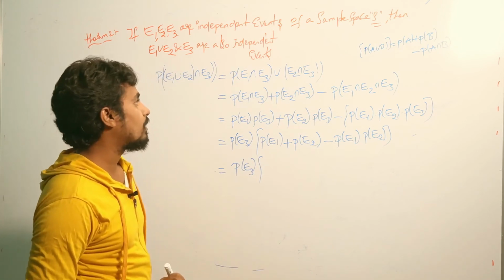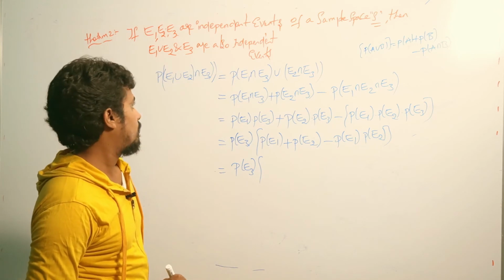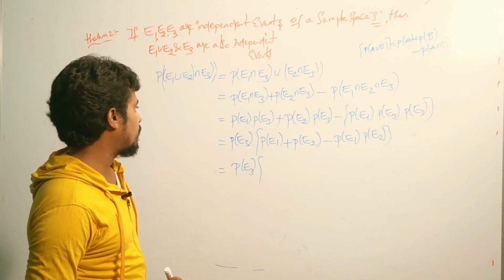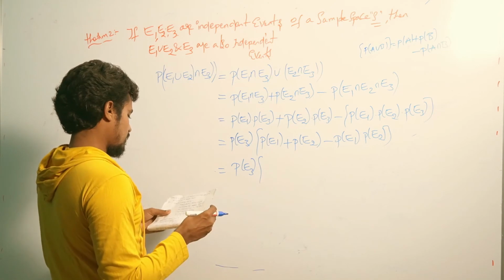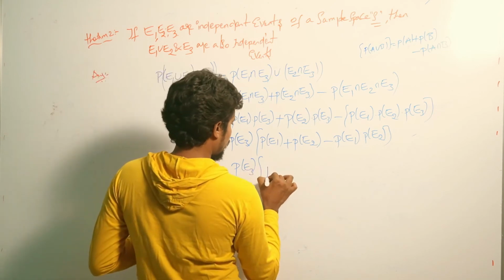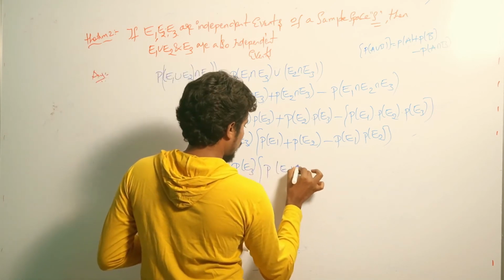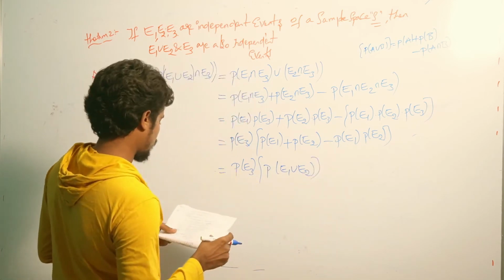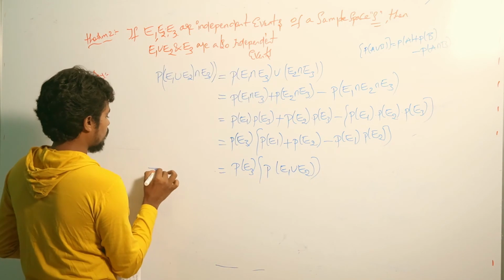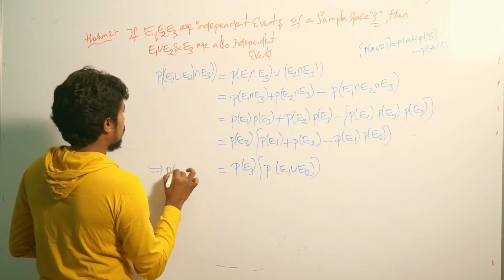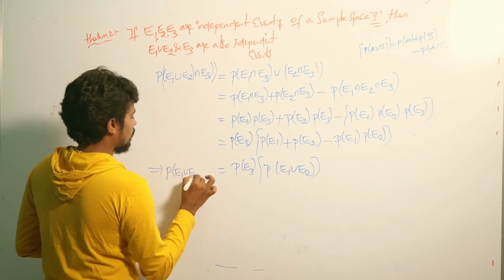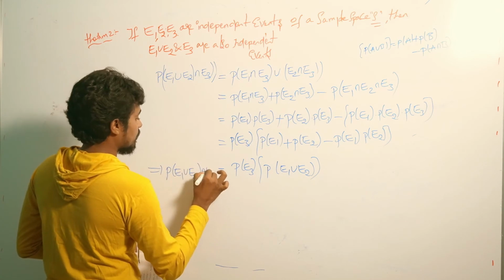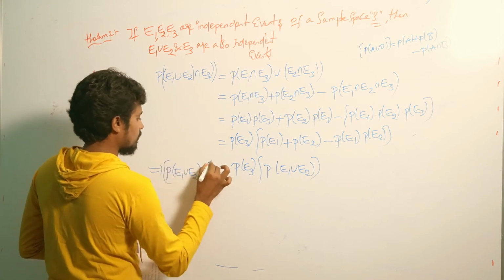This will be in the form of the union, P of E1 union E2. This will be the proof for the P of E1 union E2 intersection E3.